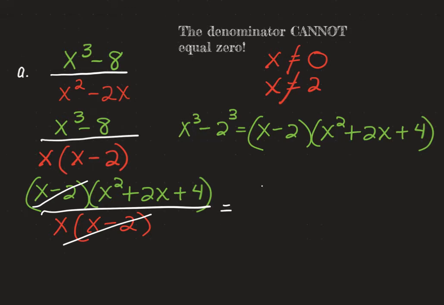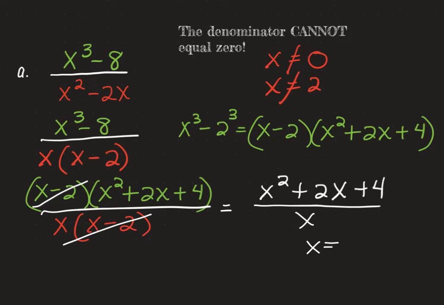So finally, I can express my polynomial in a simpler form here. There is no common factor now in the numerator and the denominator, so I have simplified it as much as I can. However, I do still have to remind everyone that x cannot equal 0 or 2.